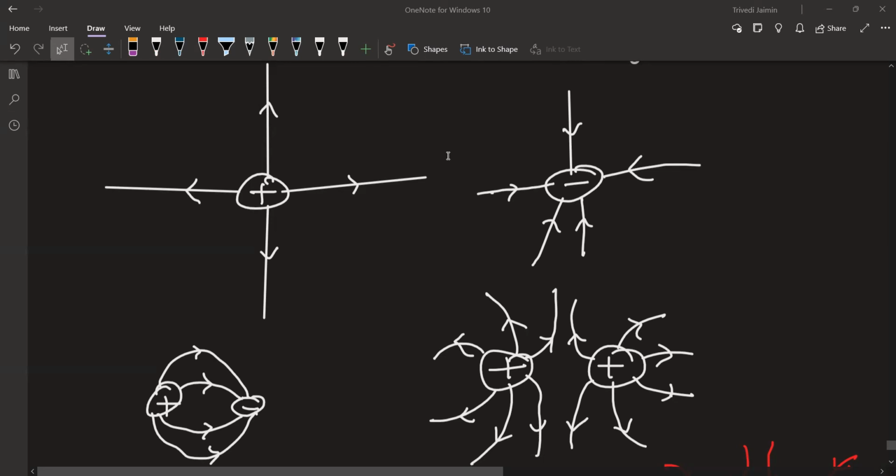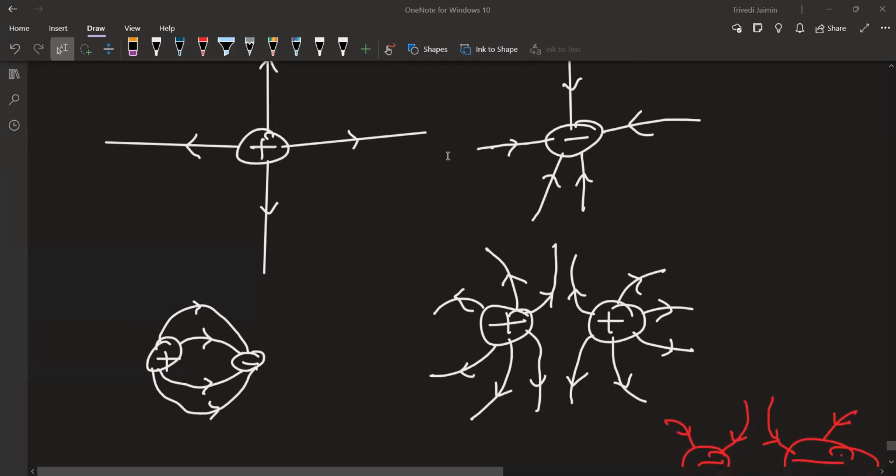Even for the conventional flow of current, it flows from higher potential to lower potential. So we are assuming higher potential as positive. The current moves outward from higher potential and inward to the lower potential, that is negative. That is why we have outward and inward directions for these charges. There's no particular reason here.